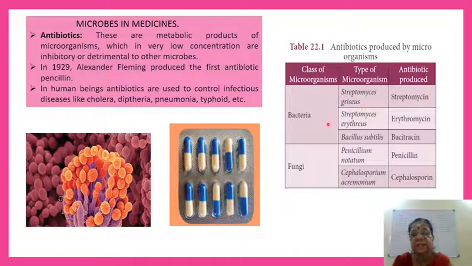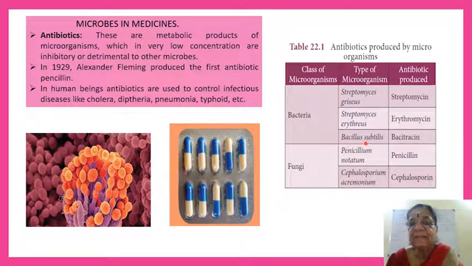In bacteria, the microbe Streptomyces griseus is used to prepare the antibiotic streptomycin. Streptomyces griseus is producing streptomycin. Same way, Streptomyces erythraeus giving erythromycin.